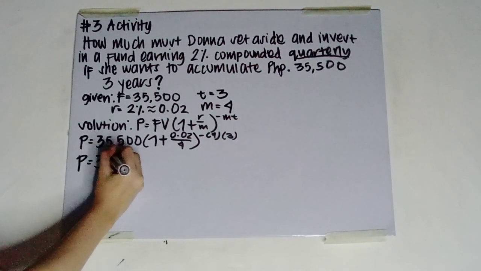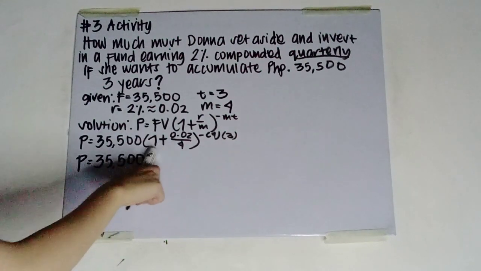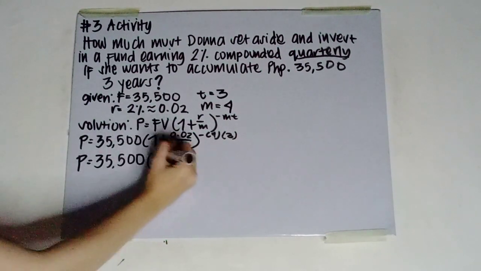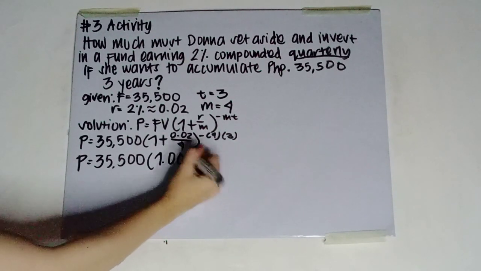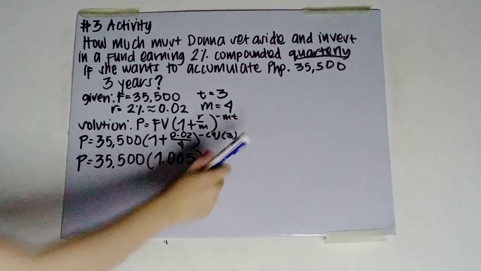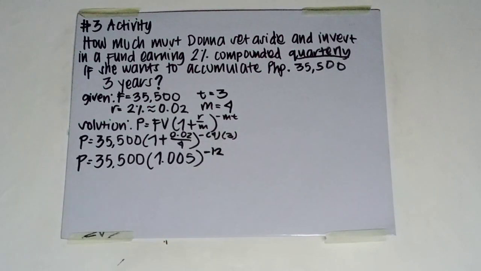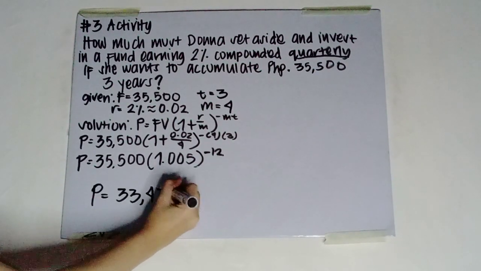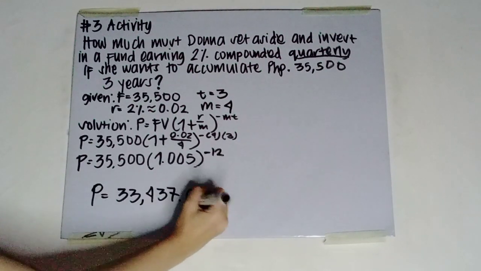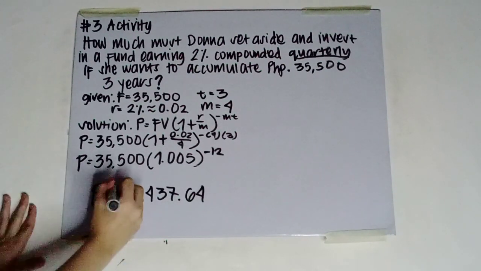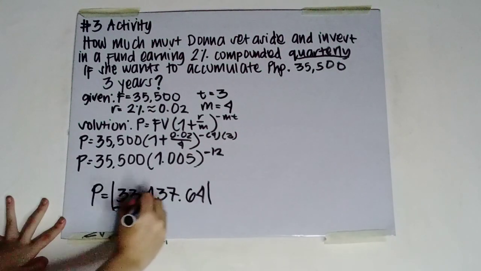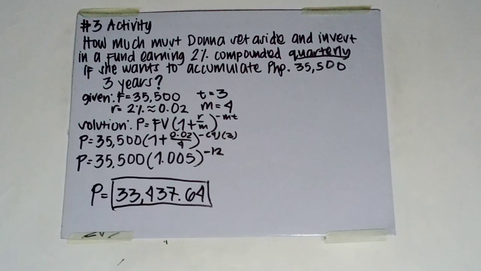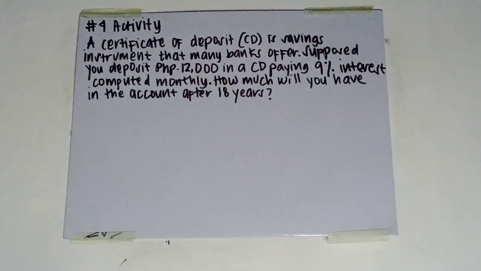So 1 plus 0.02 divided by 4 is equal to 1.005, and negative 4 times 3 is equal to negative 12. So 35,500 times 1.005 raised to negative 12 is equal to 33,437.64. So again, the principal is 33,437.64 pesos.